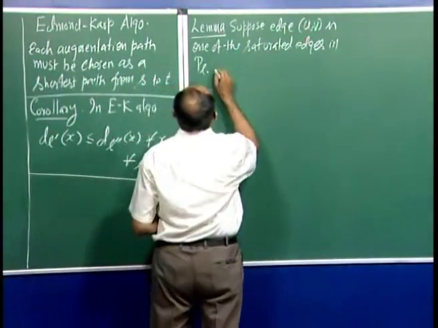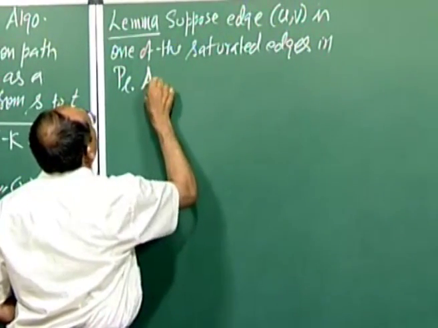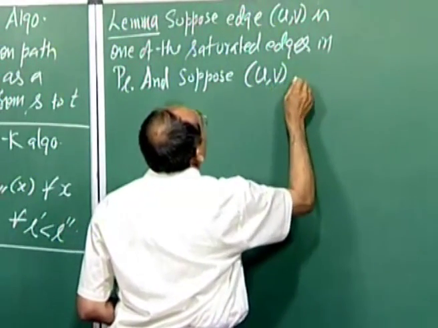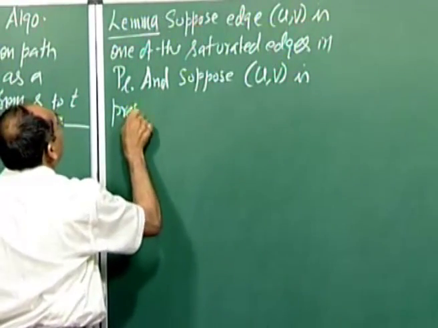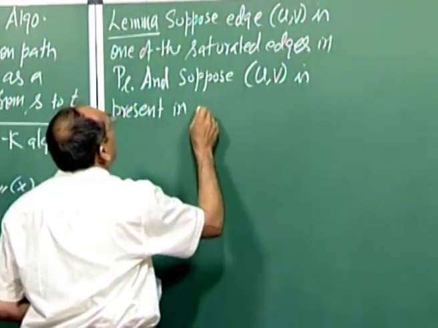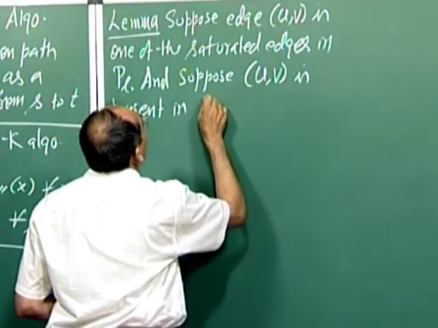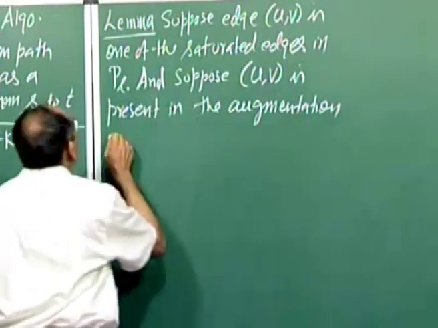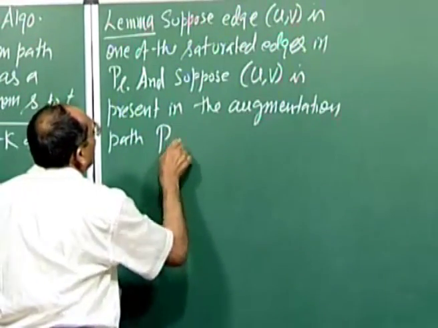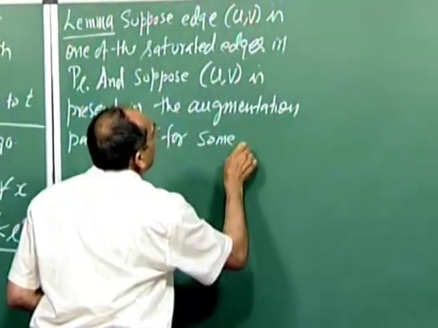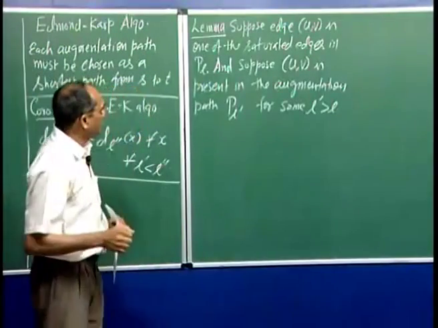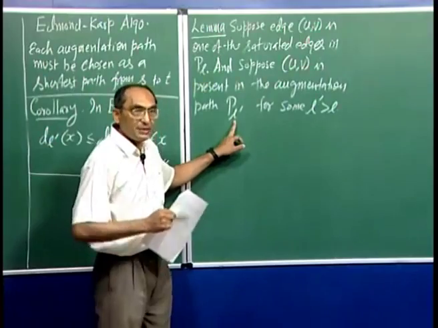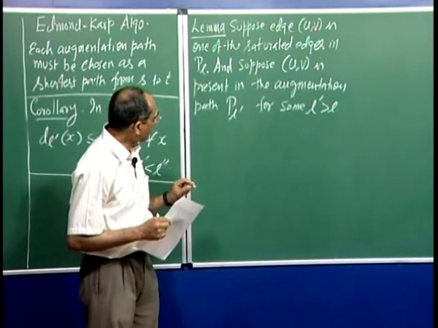But suppose uv is present in the augmentation path PL' for some L' greater than L. We know, of course, this cannot happen for L' equal to L plus 1, but maybe at some later stage, as we had seen in our example, it had reappeared.